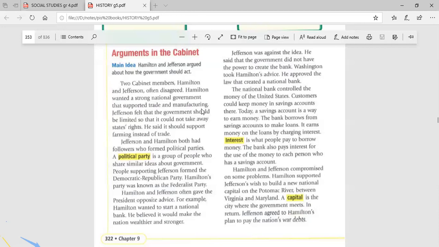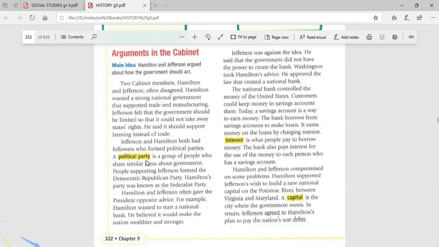I want you to understand that party means a group of people. Those people share the same idea. So all the members in Uday's party wanted Alexandria, but all the members of Amgad's party wanted Sharm el-Sheikh.